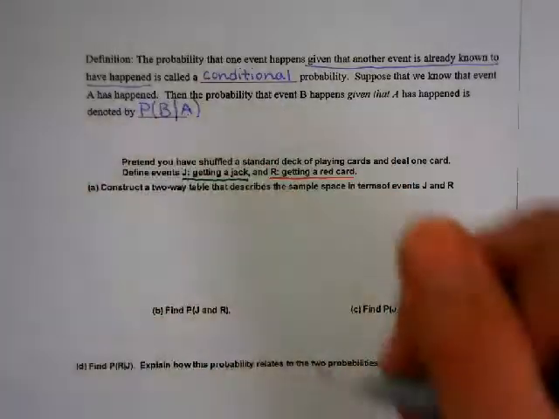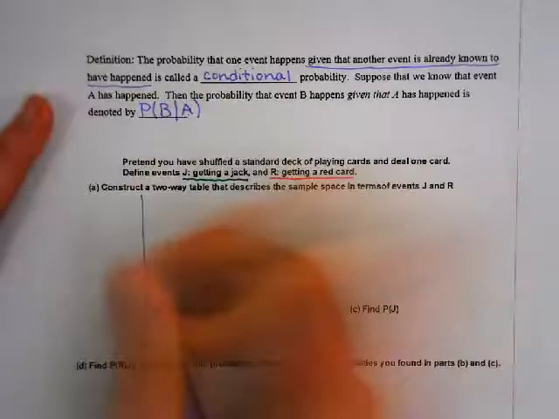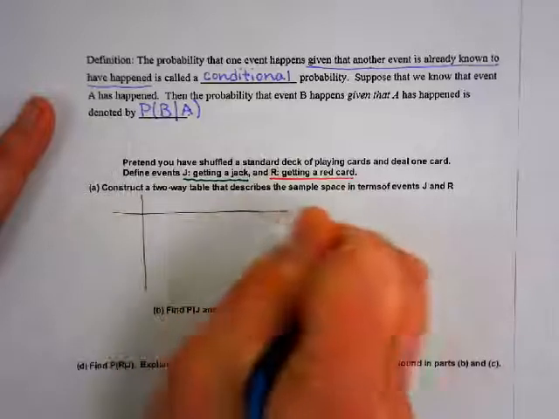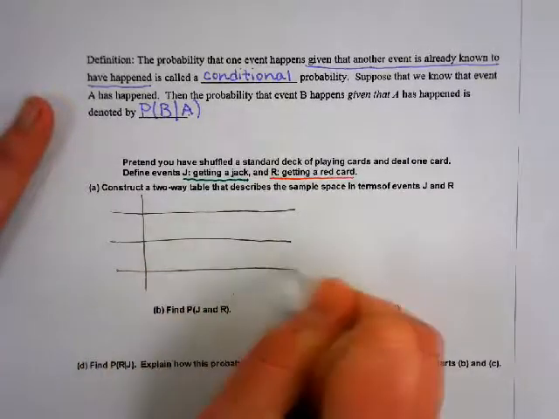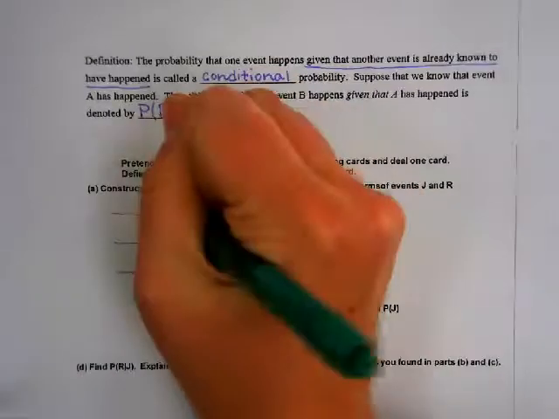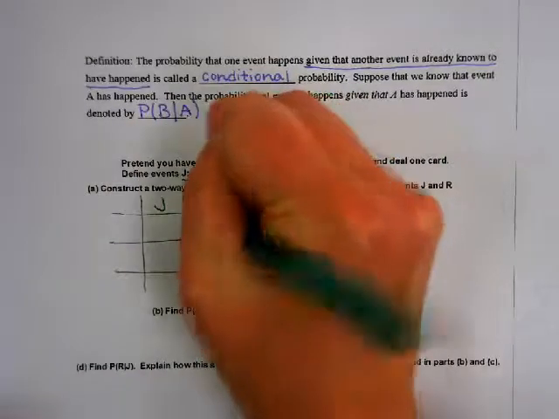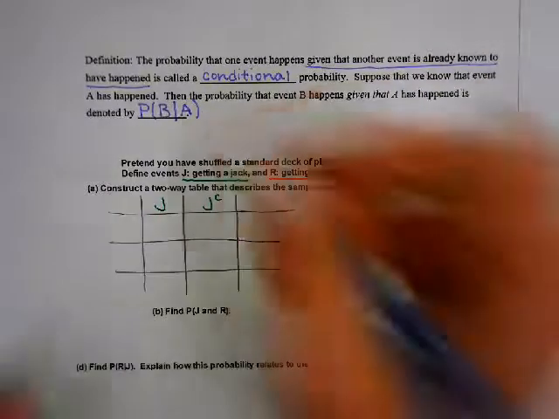To make a 2-way table, make a big tic-tac-toe. So we have event J, or the complement J complement, meaning it's not a jack, and total.